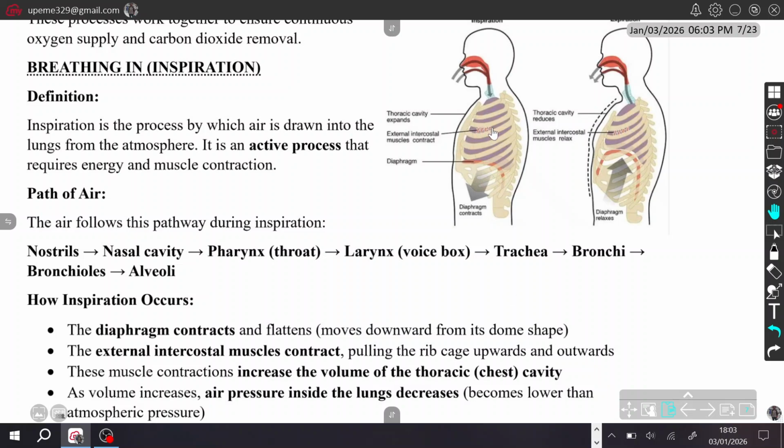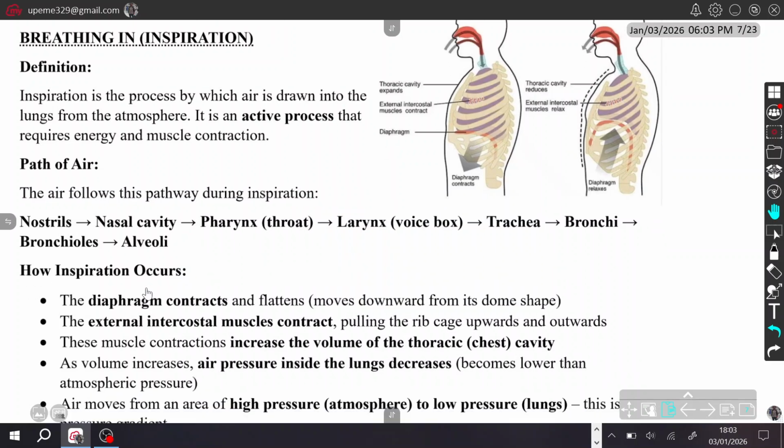What happens? They pull the rib cage upward. So when you breathe in, try to observe your chest. Your chest goes up and expands. Why? Because the intercostal muscles have contracted, pulling the rib cage upward and outward.